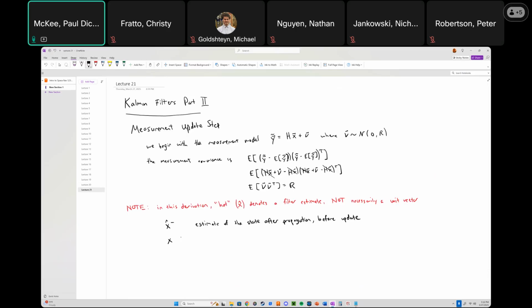So x hat plus is the estimate of the state after update and before propagation.